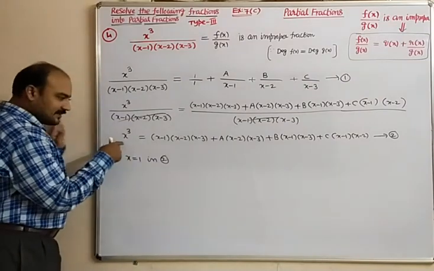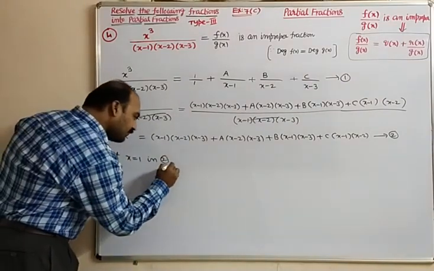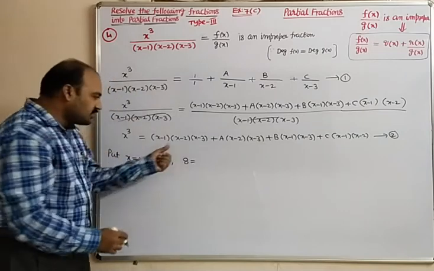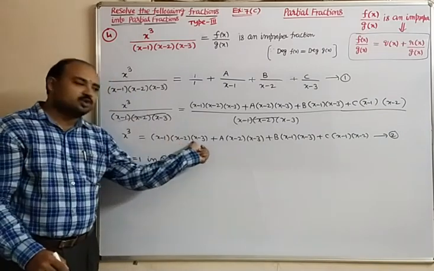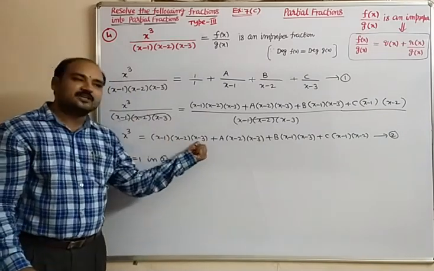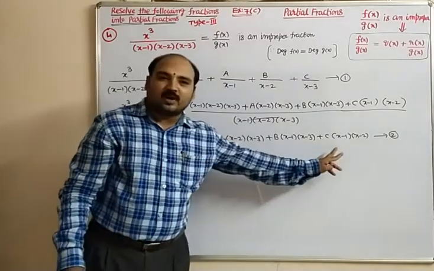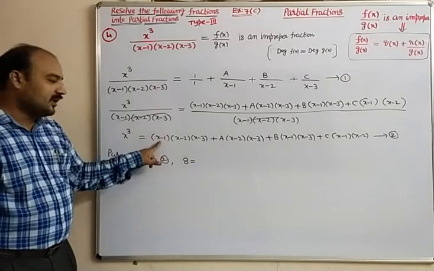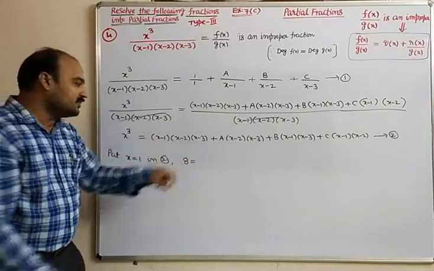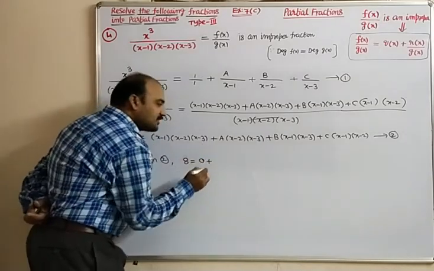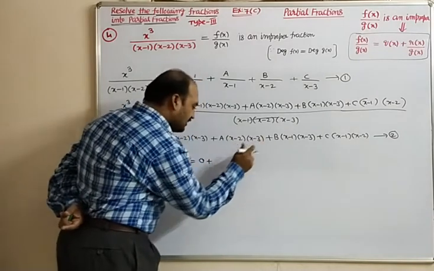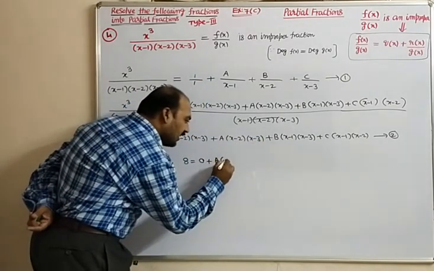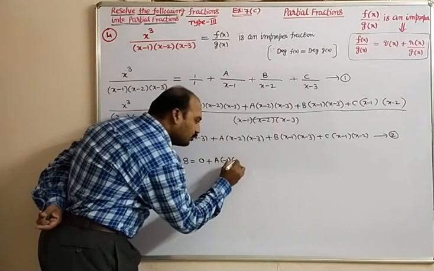So in the LHS, 1 cube is 1. If you substitute x is equal to 1, wherever the x minus 1 term is there, the term is going to cancel. x minus 1 here, 1 minus 1, the total term goes to be 0. Plus here, A into 1 minus 2, 1 minus 3, which is minus 1 into minus 2.